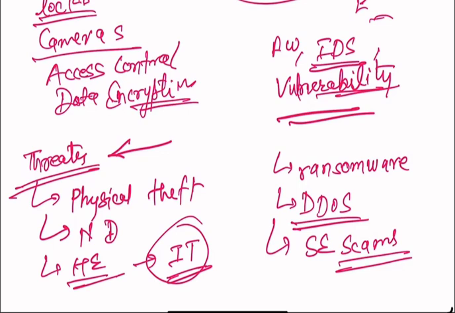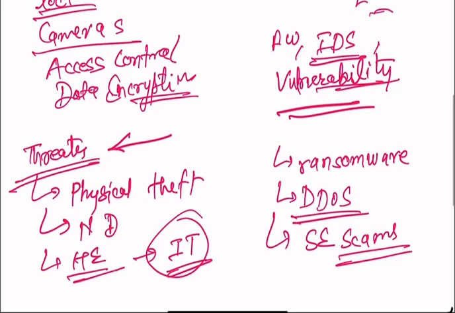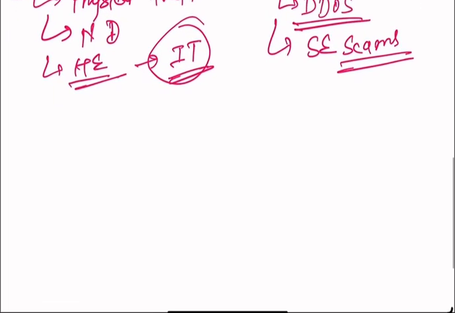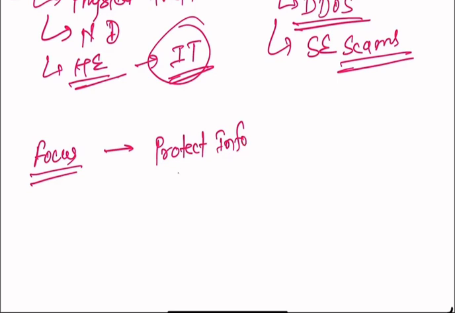Now we will look at a small chart that will help you understand the features quickly. If we talk about the focus area of information security, it mainly protects information in any form.